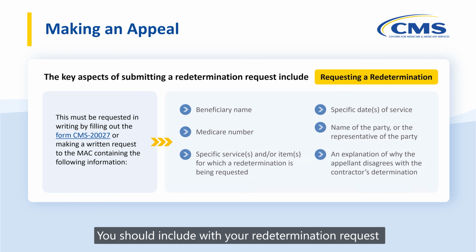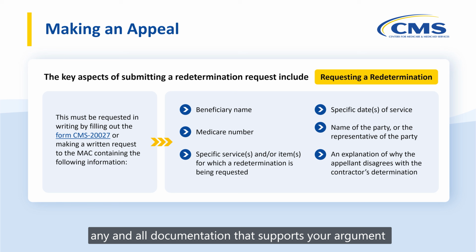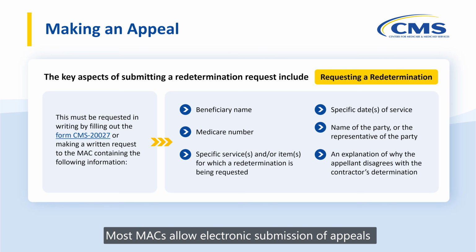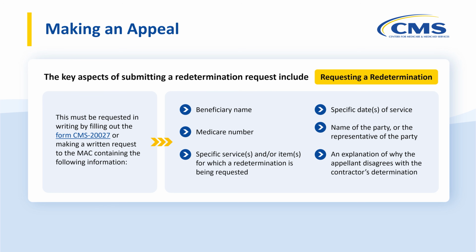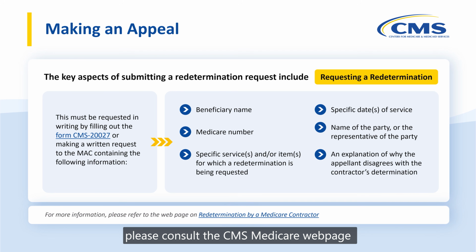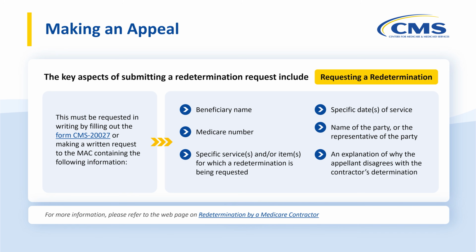You should include with your redetermination request any and all documentation that supports your argument against the previous decision. Most MACs allow electronic submission of appeals through their website. There are additional appeals levels if your redetermination request is dismissed or the initial determination is upheld. For more information on further appeal options, please consult the CMS Medicare webpage on Original Medicare Appeals.